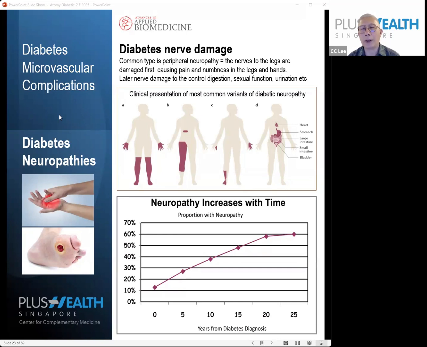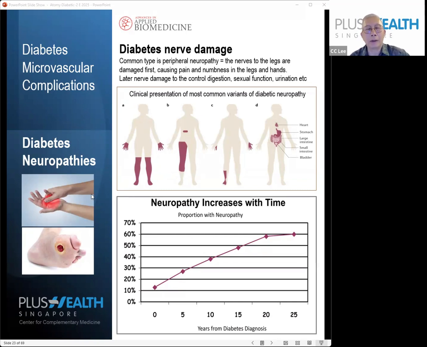But most commonly, it starts with your legs and your hands. So basically, we call it peripheral neuropathy. This is the early stage of diabetic nerve damage. Very often it starts with your hands and your legs, and legs are the most common one, right? The nerve damage will cause pain and numbness in the legs and hands itself.